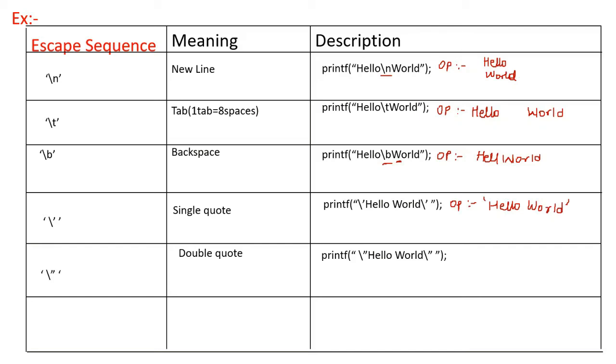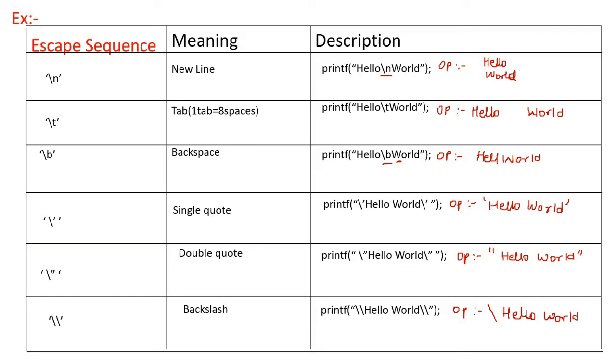If the code is like this, printf slash double quote hello world slash double quote, then the output of it will be hello world in double quotation marks. Next, if we write the code like printf slash backslash hello world slash backslash, then the output will be backslash hello world, again backslash.